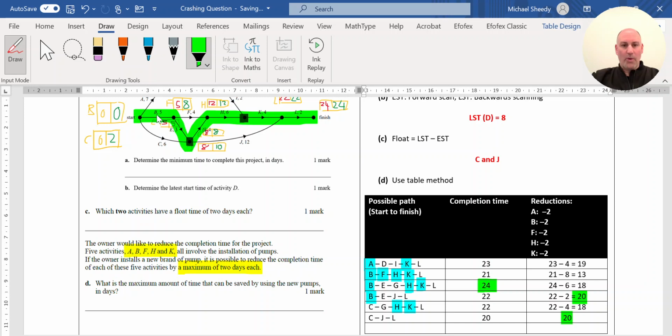That's what I want to still be my critical path. And I know from my reductions table I can get it down to 20. So that's the aim. How will I get that down to 20? Looking at these reductions here, the possible reductions are A, B, F, H, and K. I can only reduce those. I can't reduce any other activity. They're the only 5 I'm allowed to reduce.